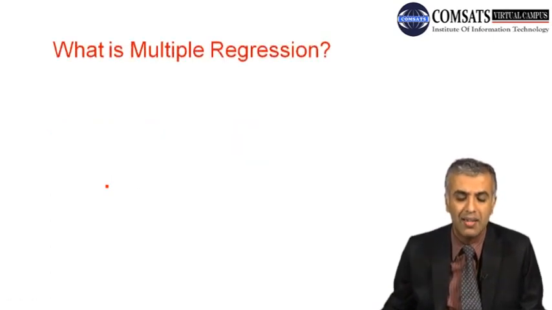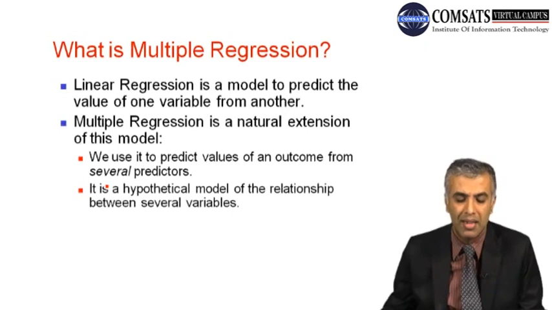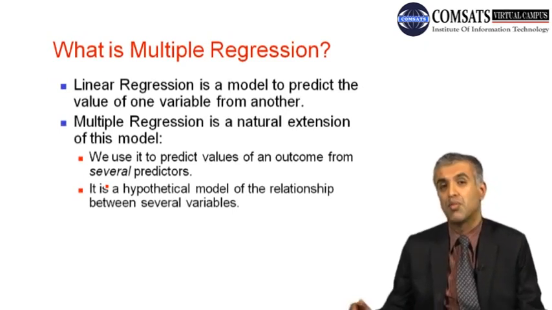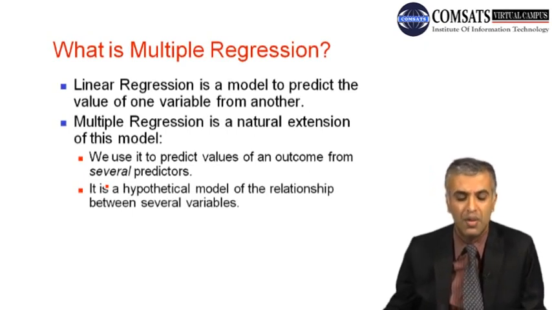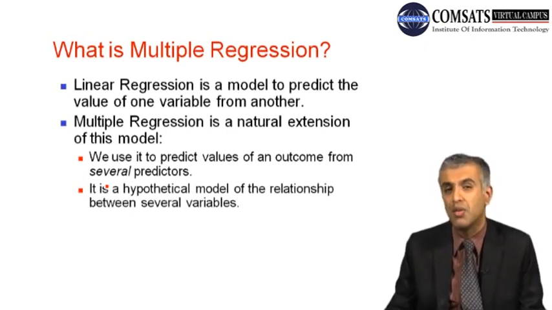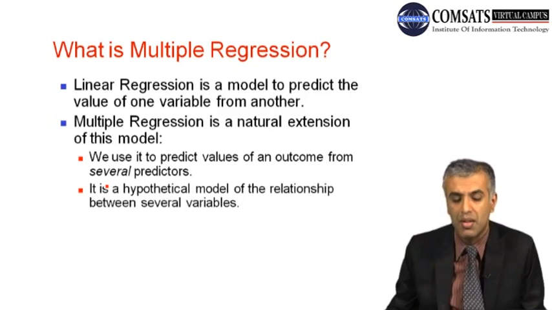Then we had a discussion on what multiple regression is, how it is different from simple linear regression, and how we can use it to predict values from several variables.